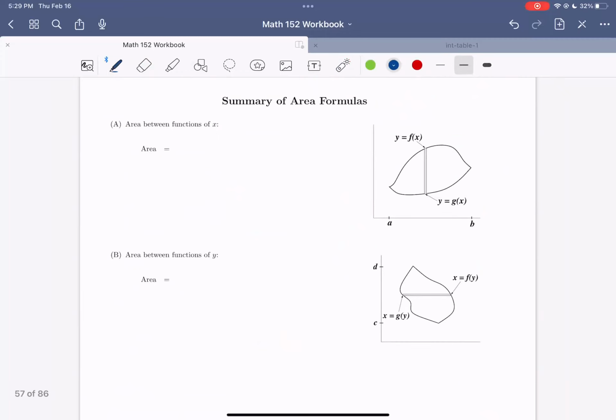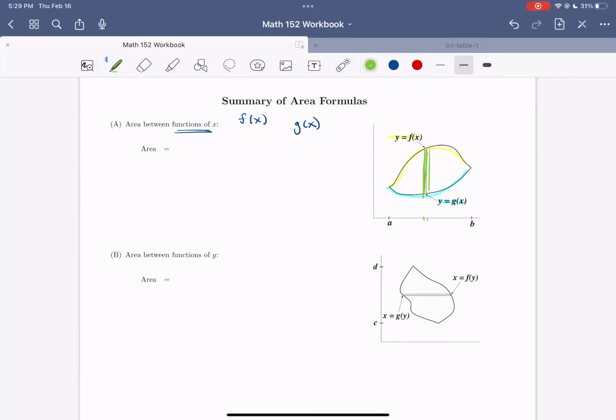So A here says the area between functions of x. Again, those are functions that look like f of x, g of x, and we even have them labeled here. So we have f of x and g of x. And we can use this little helper rectangle here.